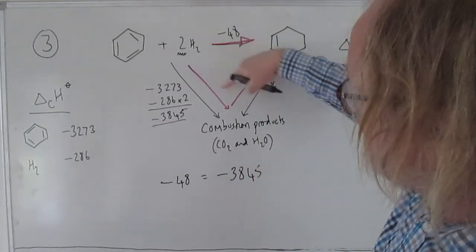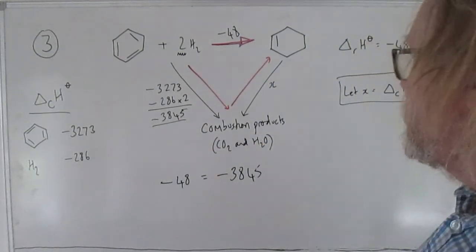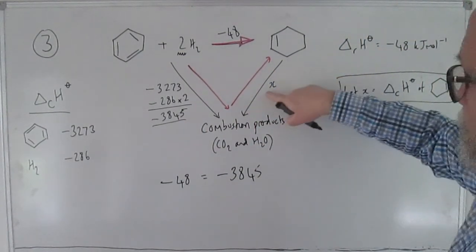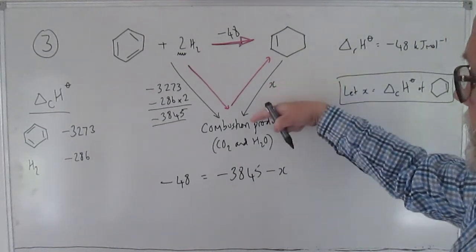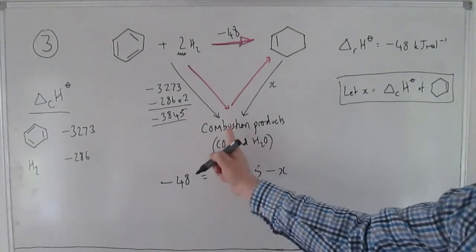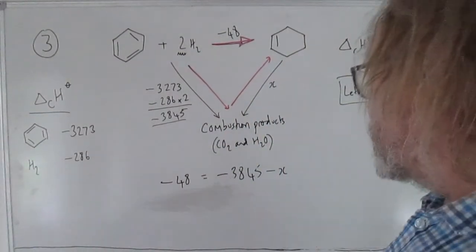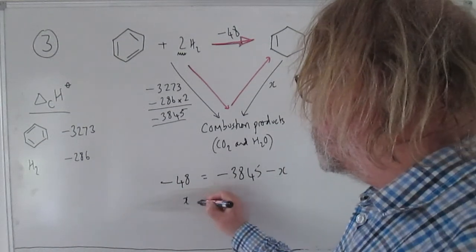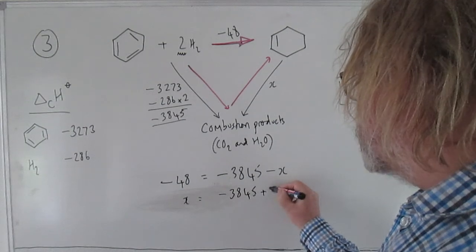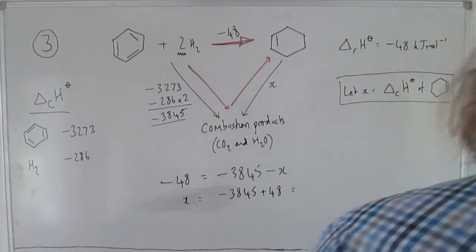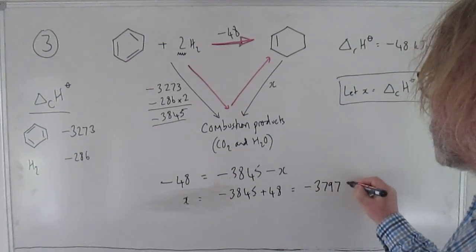Okay, because that arrow is going the same way as the data arrow that we put on, so we keep the sign the same. But then the second leg is going the opposite way from this one, so it's -x. Okay, because it's +x is delta H of combustion going that way, but we're sort of uncombusting and going up that way, so we change the sign, so it's -x. And so we can simply rearrange that and get that x is equal to -3845 plus 48, which works out as -3797 kilojoules per mole.